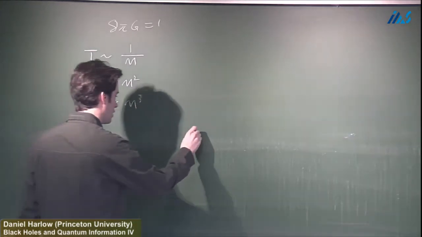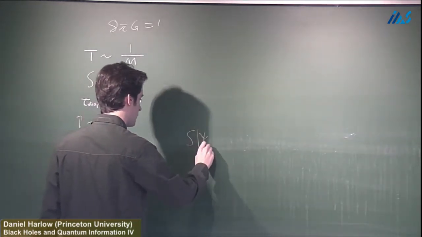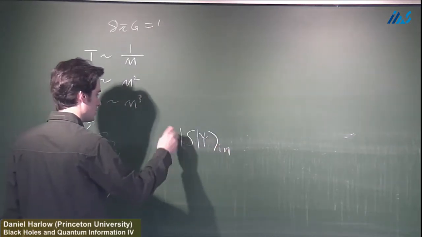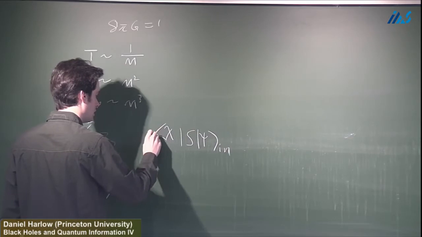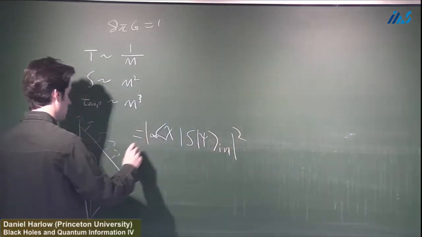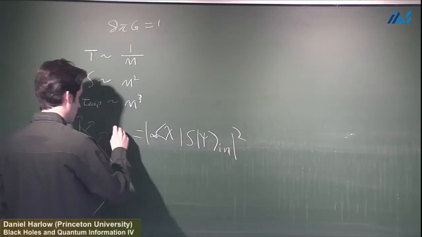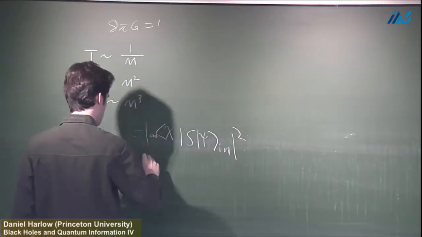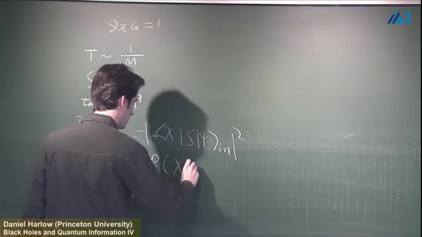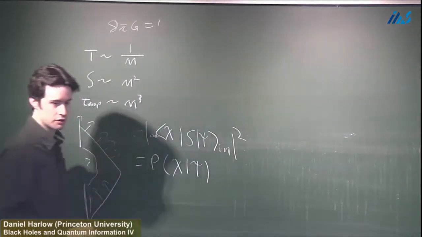And we figured that there was a linear map acting on the ingoing states, which then we could project onto the outgoing states and take the square to get the probability of seeing the out state given that you started with the in state.